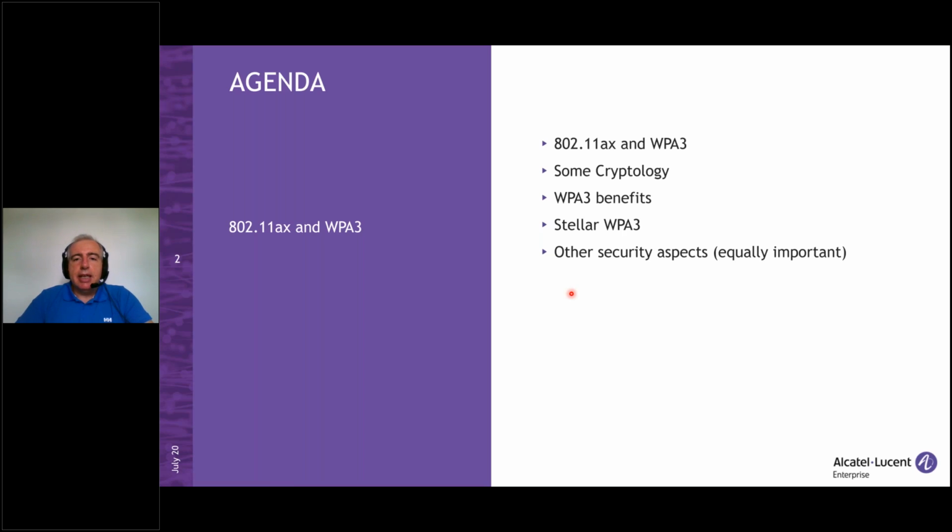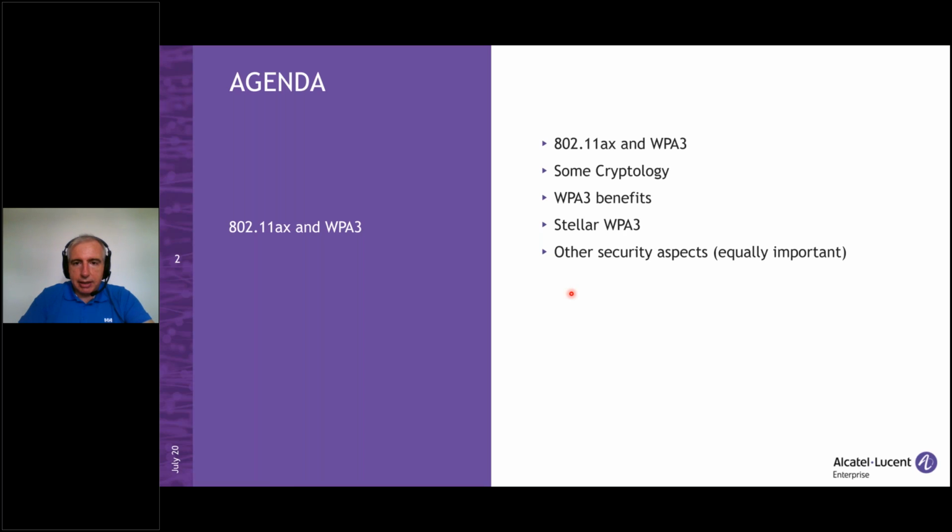And last we will be covering more security aspects of the Stellar WPA3 implementation, especially using the OmniVista management tool. And then we will finish with other security aspects that are sometimes equally important as the encryption and so on.